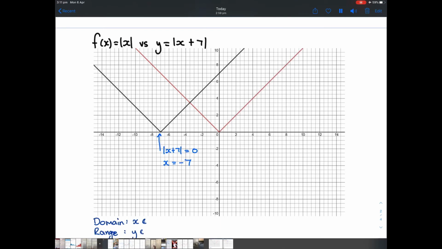So by putting another constant inside the absolute value symbol, what has the impact is shifting the graph left or right. So earlier we looked at that random constant at the end outside the absolute value moves the graph up and down. Here, when we add or subtract something from inside the brackets, it's moving it left and right.